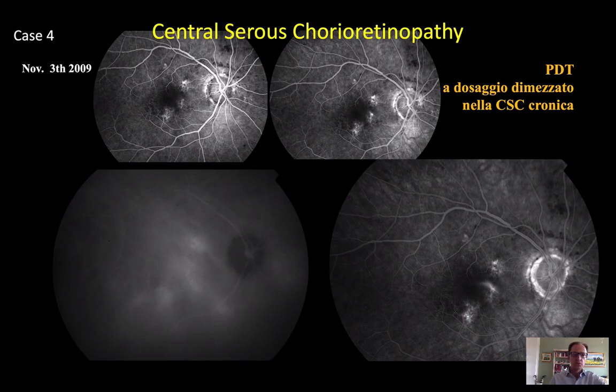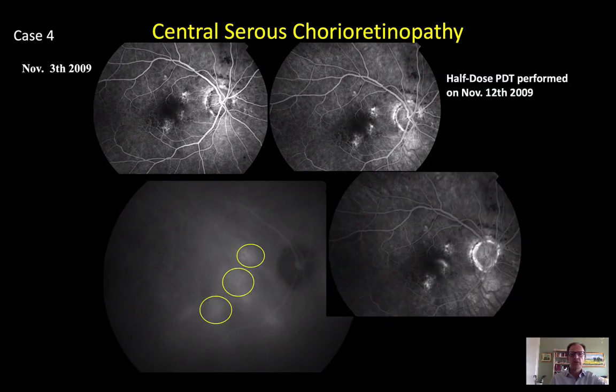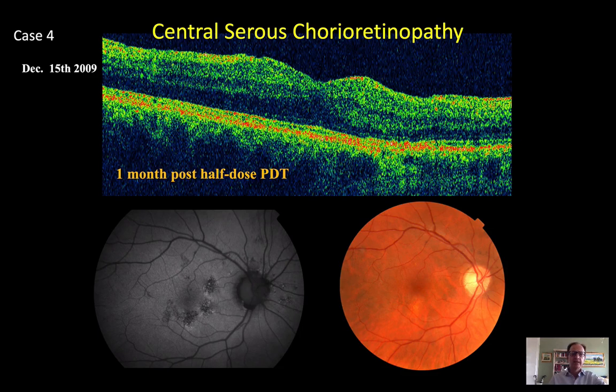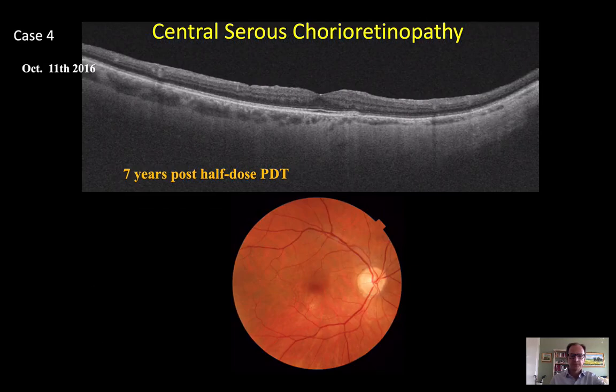We used to perform half-dose photodynamic therapy, and also at that time in 2009 we performed half-dose PDT directly on the hyperpermeability areas, as was highlighted by the indocyanine green angiography. And this is the case 1 month after half-dose PDT. You can see the complete resolution of the fluid.